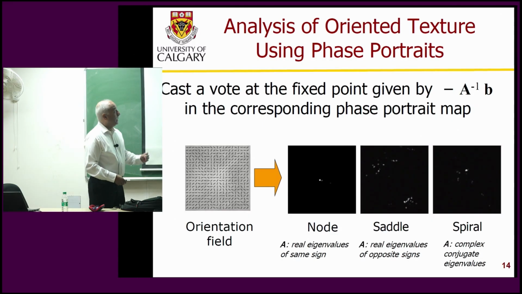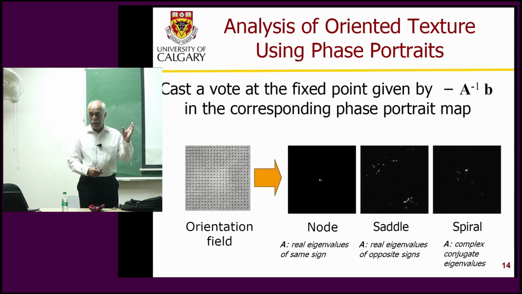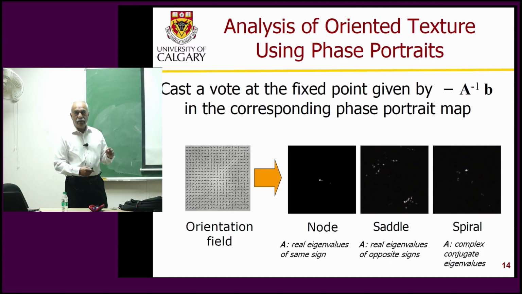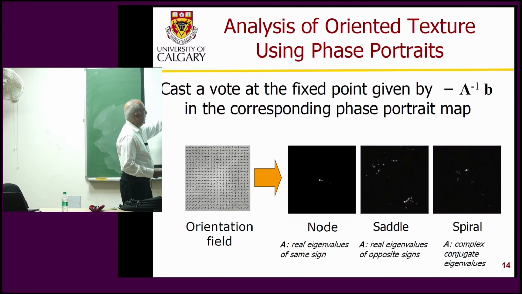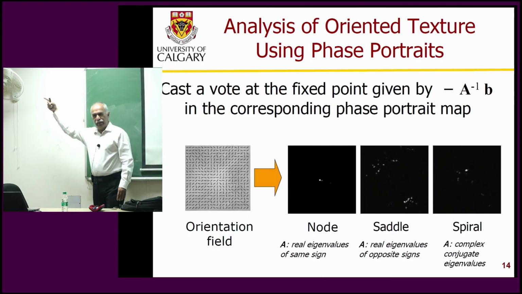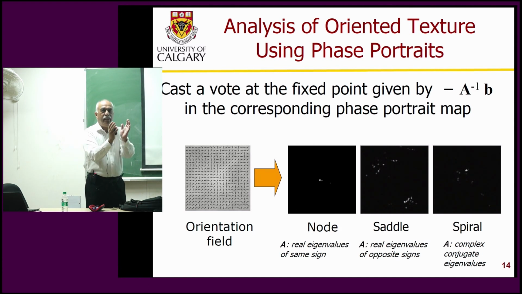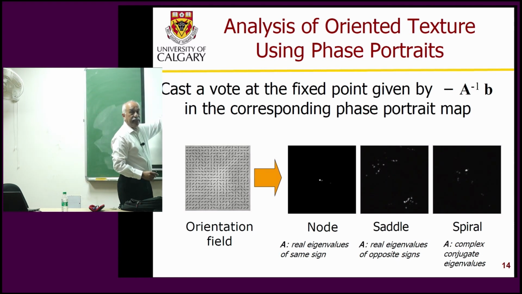So at the fixed point given by minus A inverse B of that orientation field given by the model, it says there is something at that point. The window could be here, it could say the focal point, the fixed point is there. Or the window could be here and it could say the focal point is somewhere else, and then we throw it out. It has to be within a certain distance from where the window is in the image.